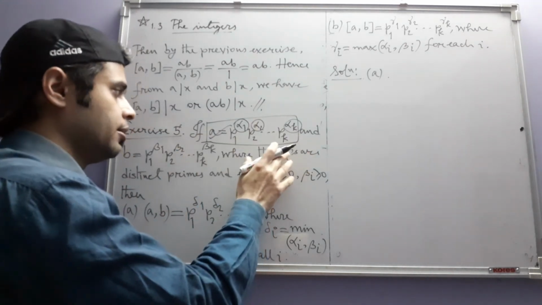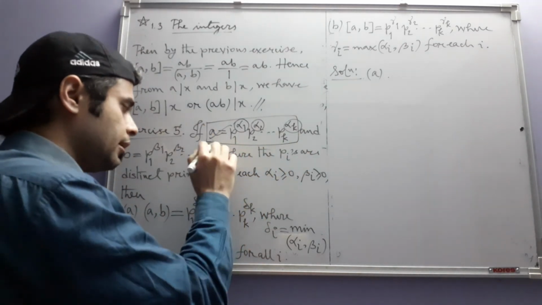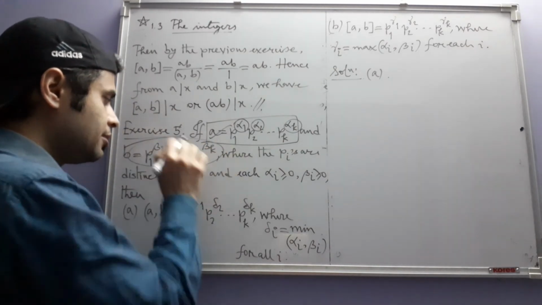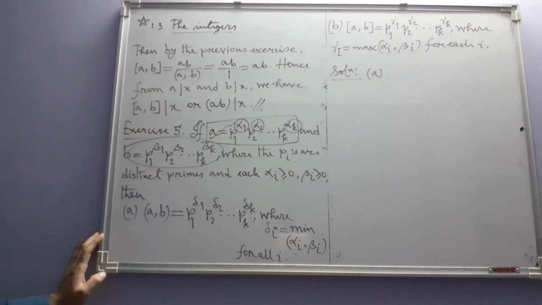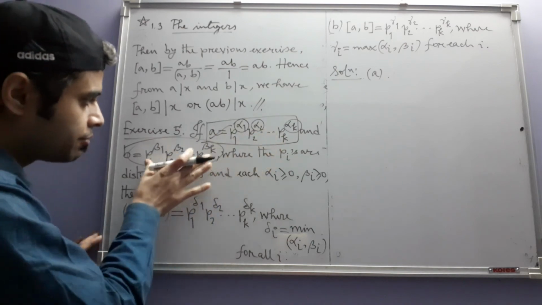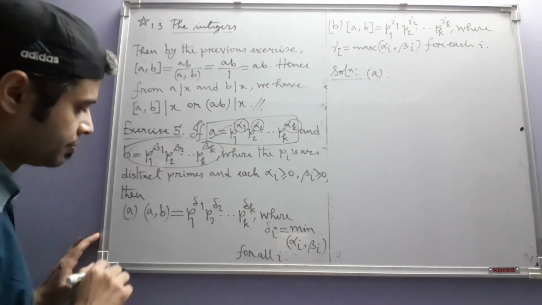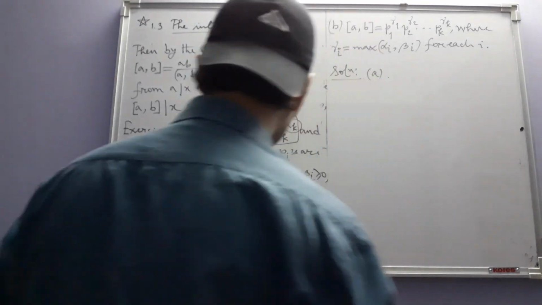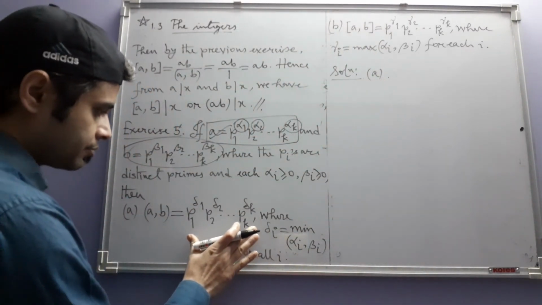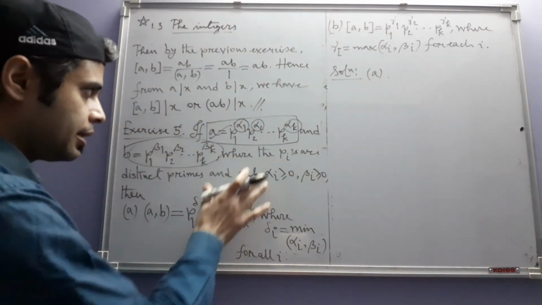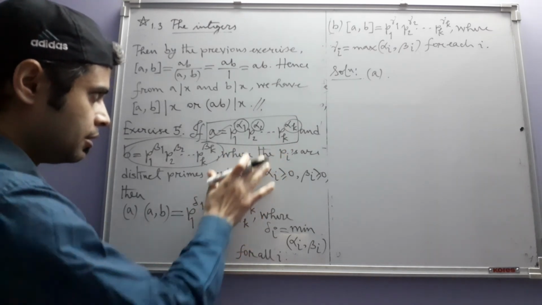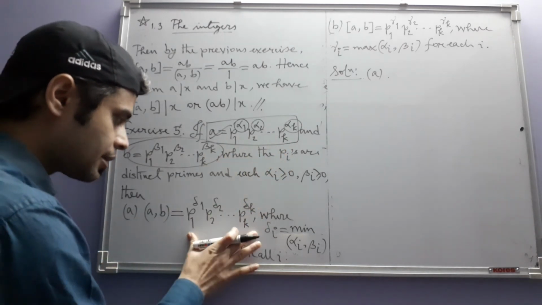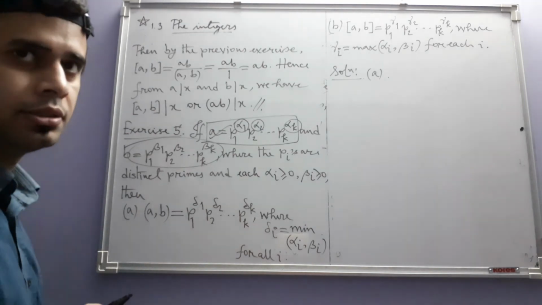Otherwise, it is greater than 1. In other words, both A and B are positive integers. That becomes clear simply from these expressions. Now we start solving this. Since A and B are positive integers, this number is also a positive integer.